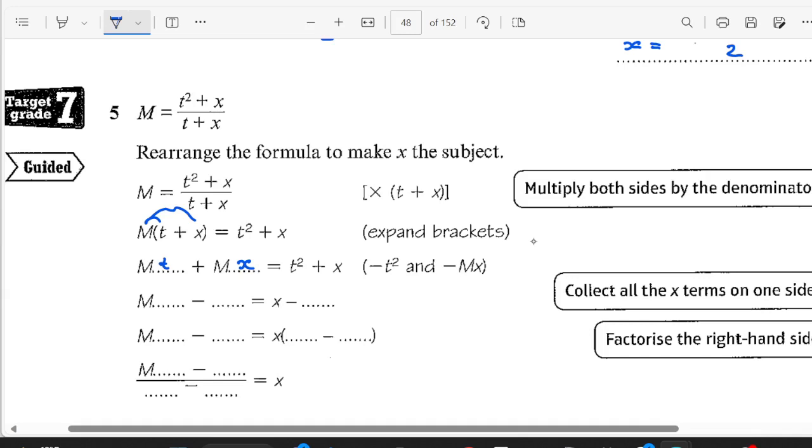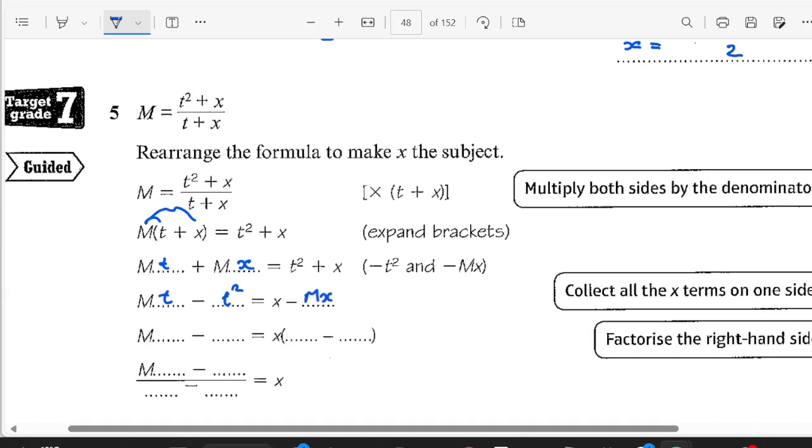My thought process at this stage would be, which side am I going to move my x's to, and which side am I going to move my other things to? I would probably have moved my x's to the right, but it doesn't particularly matter. So if we do that, we're going to have mt minus t squared is equal to x minus mx.